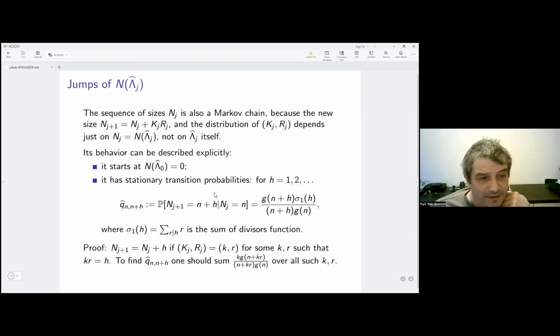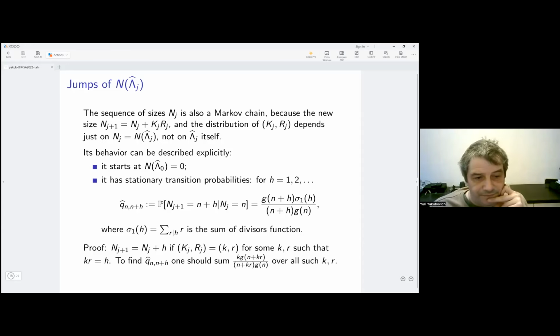And actually we can forget about these blocks and just study the sizes of our growing Young diagram, and these sizes also behave as a Markov chain, because we just add this product on each step, but we know its distribution, and we can explicitly calculate it, and then it will involve the number theoretical functions, sums of divisors.